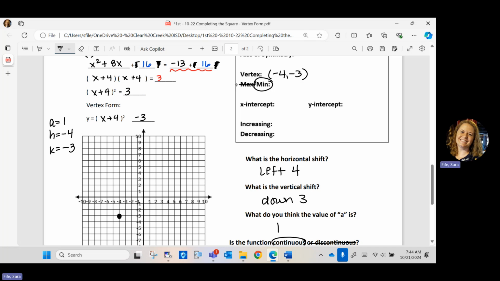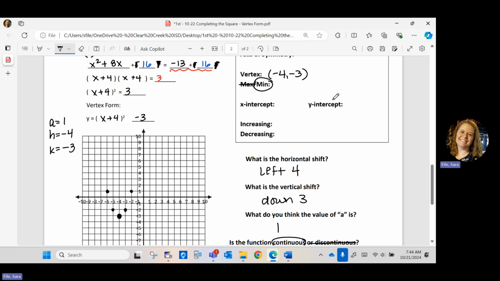Now I could go to Desmos and type this in and make a table, however you want to do it. But I know my A is 1, so from my vertex, I'm going over 1, up 1. Going over 2, up 4. Now, I want to know the y-intercept.